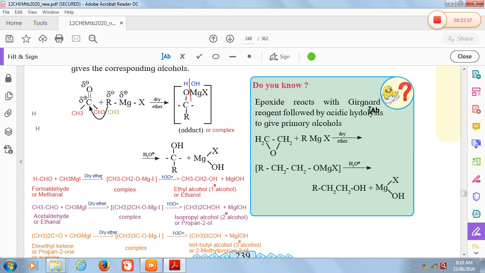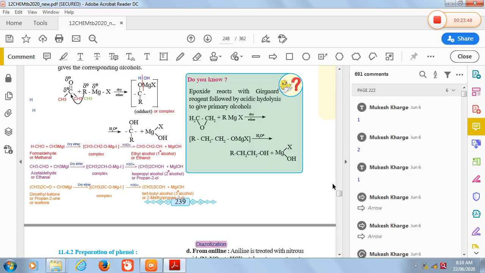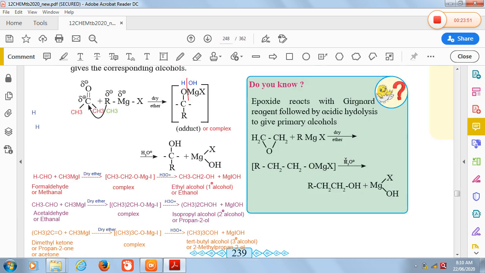Then ethylene oxide reacts with Grignard reagent followed by acid hydrolysis. So here Grignard reagent RMgX reacts with CH2 single bond CH2 O, the epoxide.